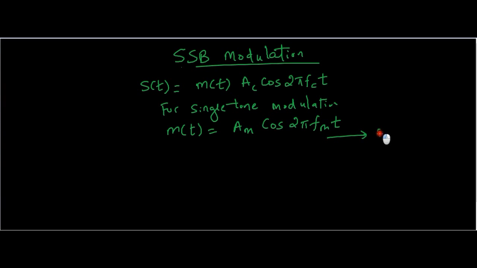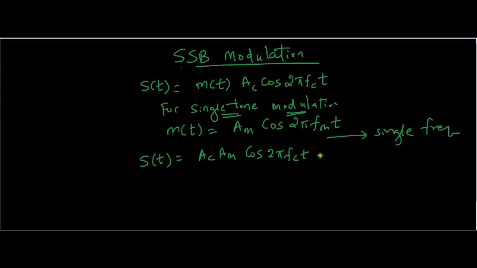This is a single frequency, hence the name single tone modulation. So s of t now will look like Ac Am cos 2 pi fc t and cos 2 pi fm t. We use the cos A cos B formula, a product of two cos functions, to get the final s of t.